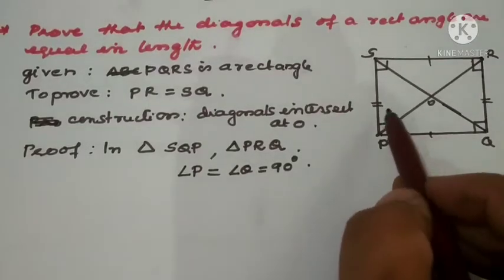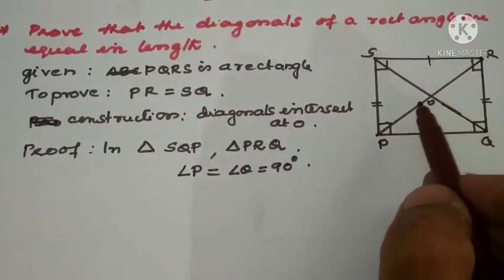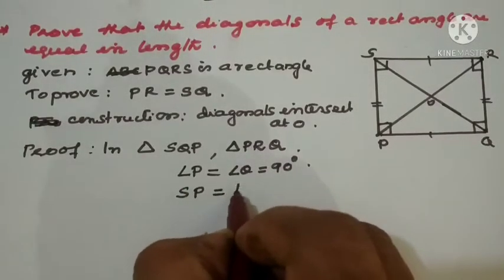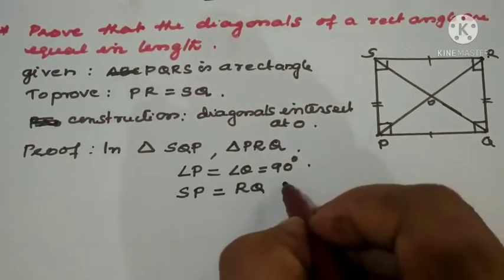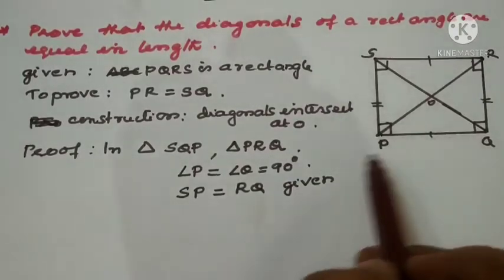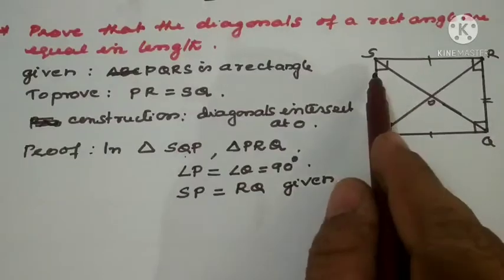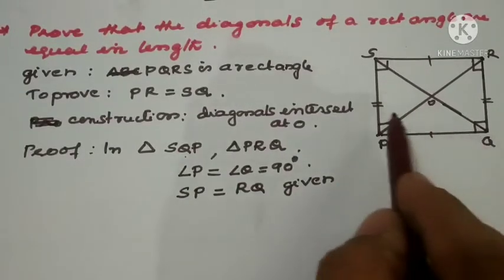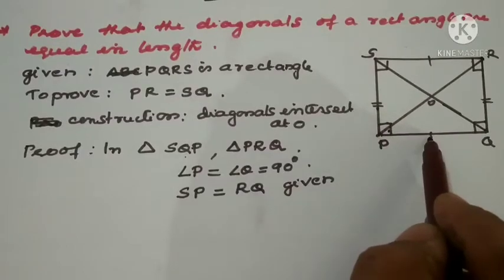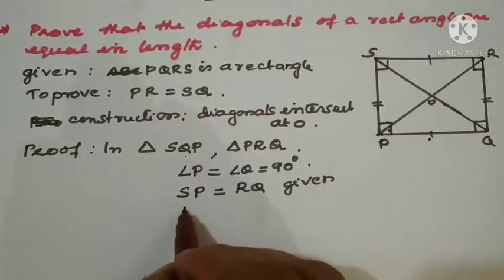Now SP and RQ, what about the opposite sides of the rectangle? When we consider triangle SPQ, first we got an equal side, next the angle we have taken, and this side we want, that means PQ.